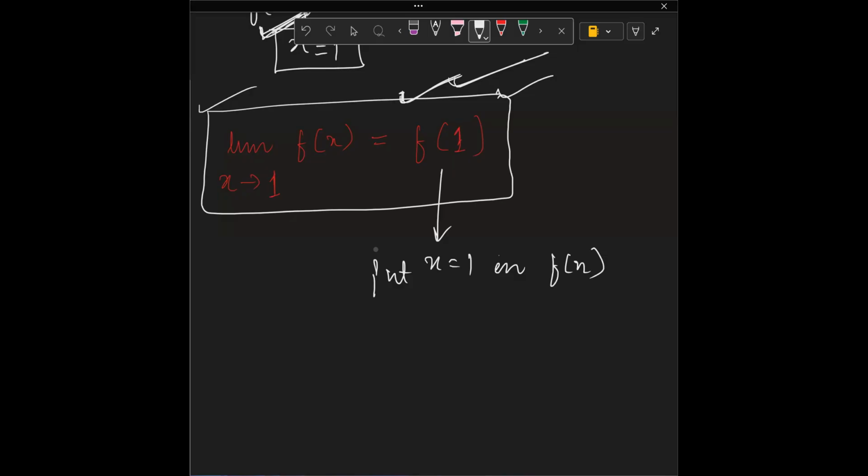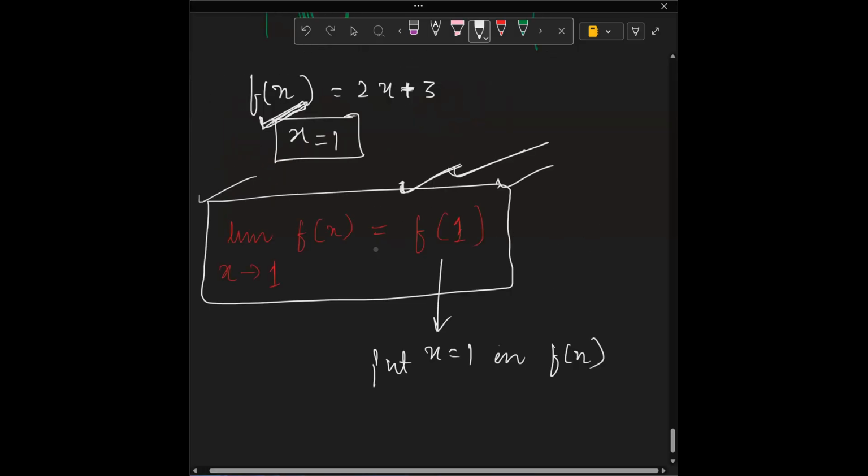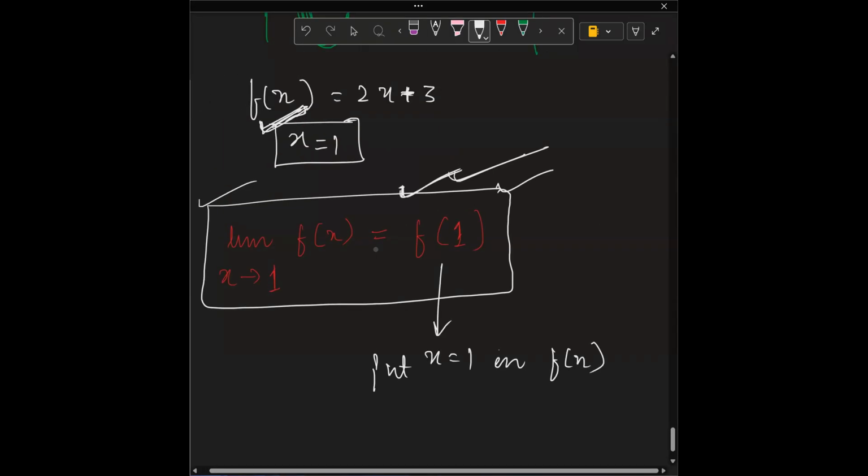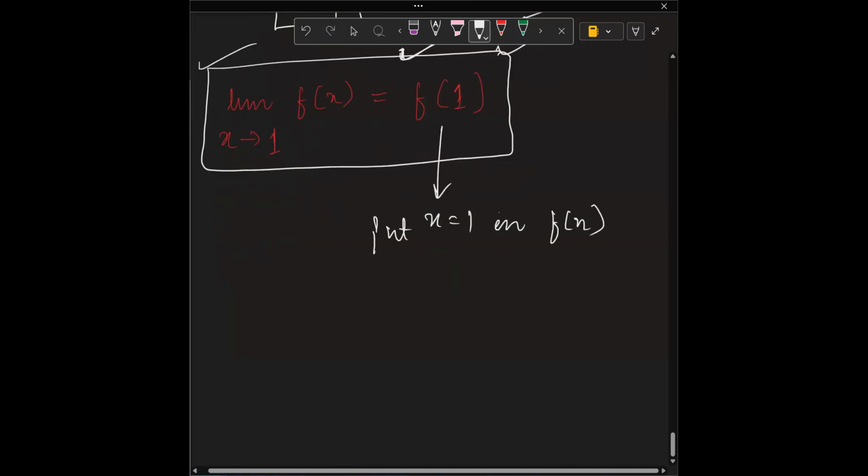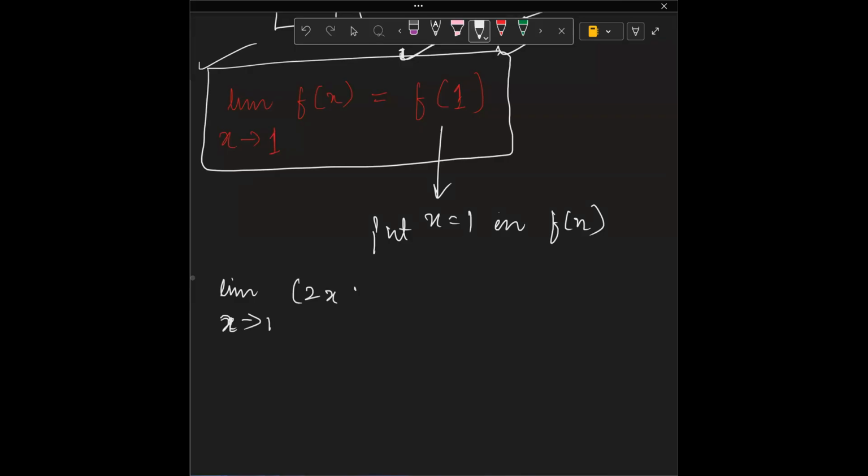Now see how we can check the continuity of this f(x) at x equals 1. I will do limit x tending to 1, and our function is 2x plus 3.